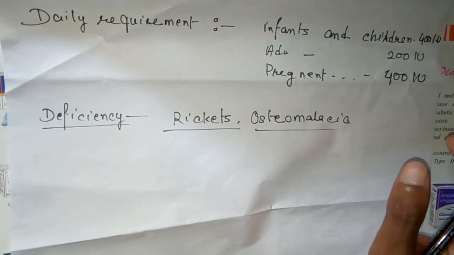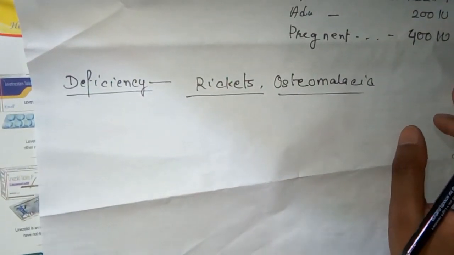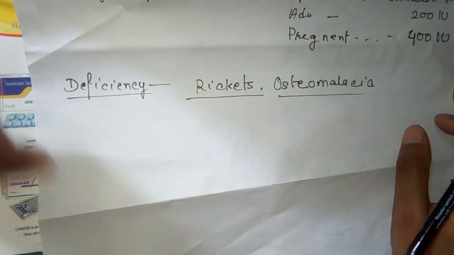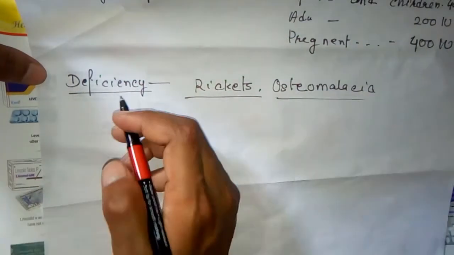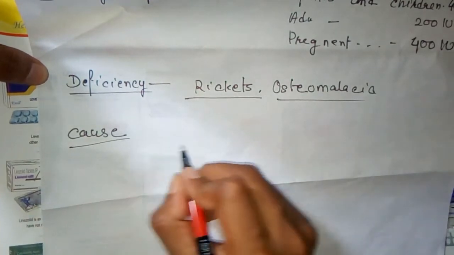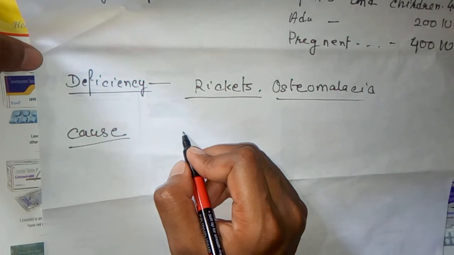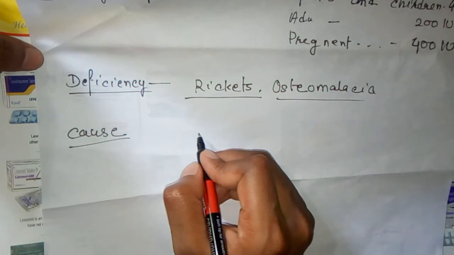So the causes of deficiency of vitamin D. Why does vitamin D deficiency occur?